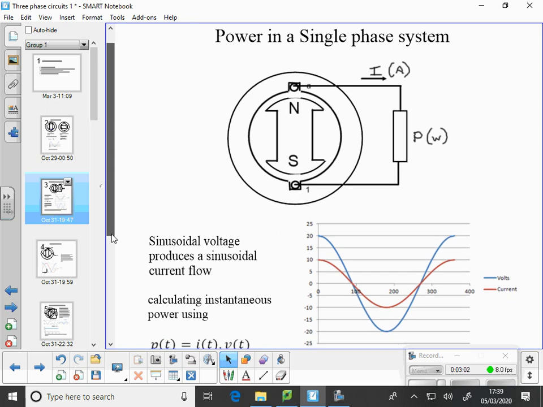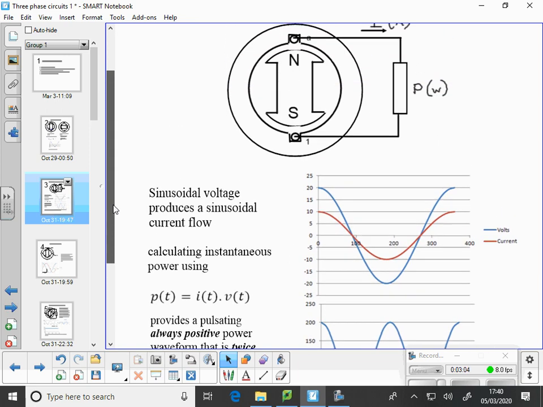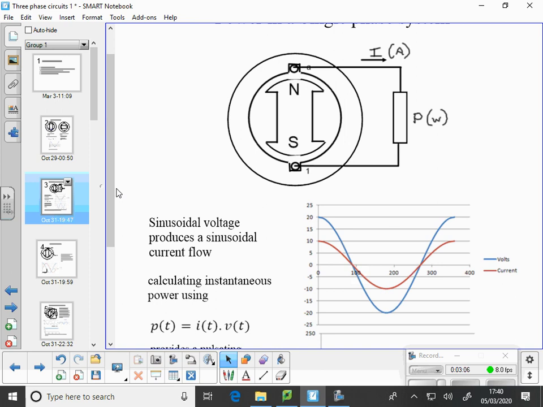If we consider the power in a single phase system, we connect a load to that simple generator so that a current I flows through a load represented by a resistance, and we get some power in watts.